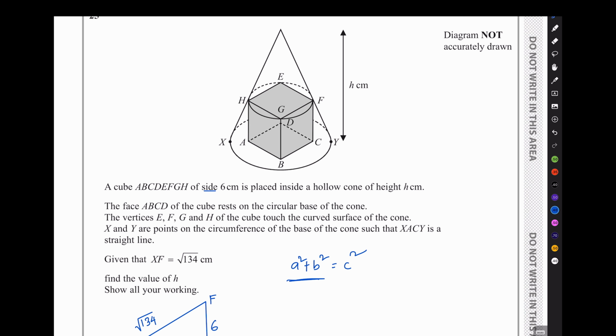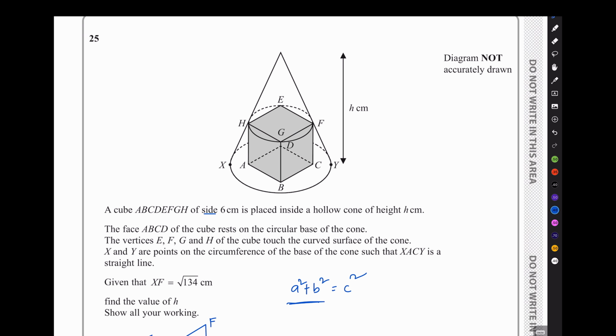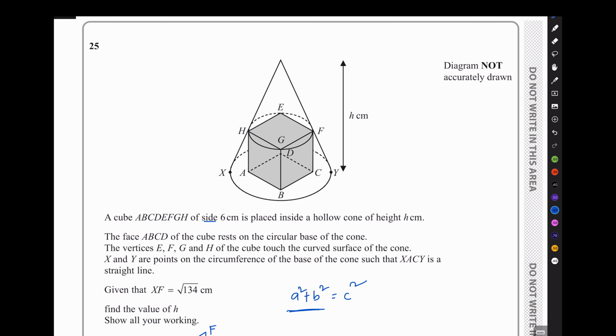So I know the length of XC. Now what? So what's my target? Oh, I need to find the height of the entire cone, right? So I guess I could use similarity, right? So this is one cone, a small cone, and this is the larger cone.